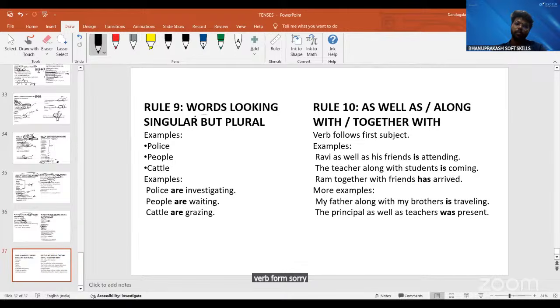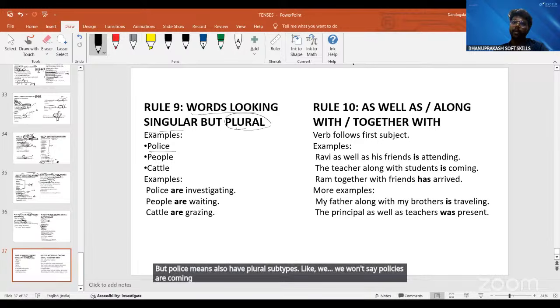Next, words looking singular but plural, the reverse of the previous condition. As you can see, police. Police looks like a singular word, but it is plural. We won't say polices are coming.